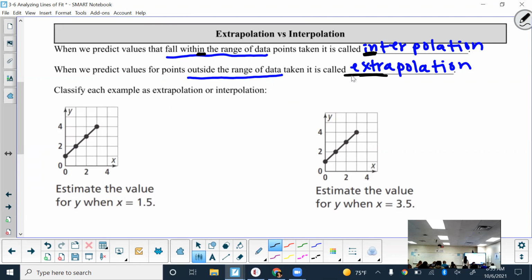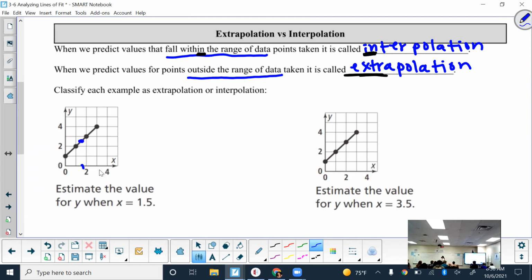So like, here's some examples. Here's our graph with a trend line attached to it. And it says estimate the value for y when x is 1.5. So 1.5 for x would be about right here, like this tick mark. It doesn't have a data point for it though, does it? Like from the scatter plot. It just has a trend line. It would be like right here.